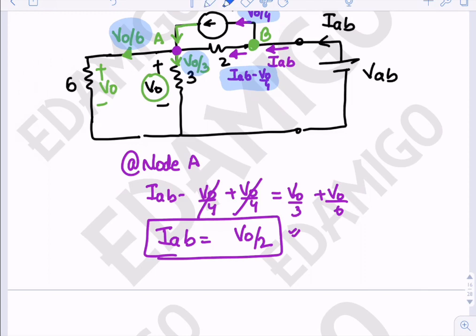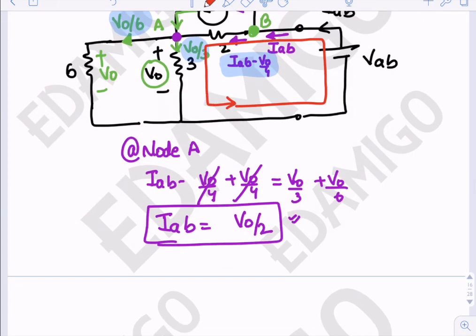Now let us apply KVL in this loop. VAB is equal to the drop across this 2 ohm resistance and the drop across this 3 ohm resistance.